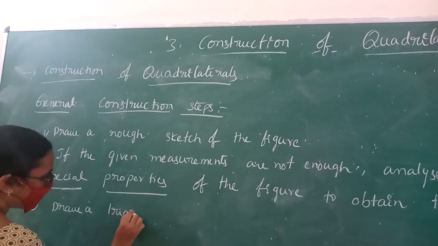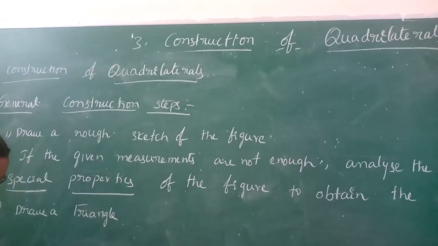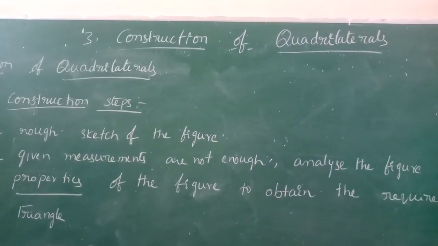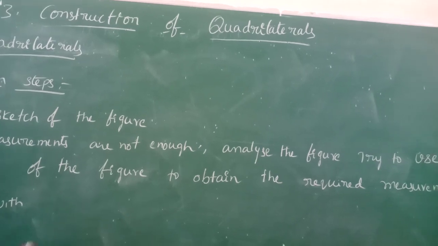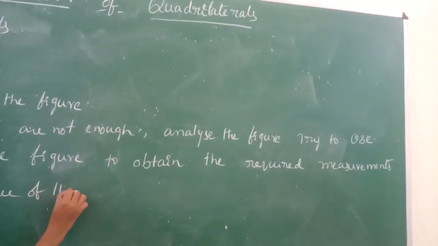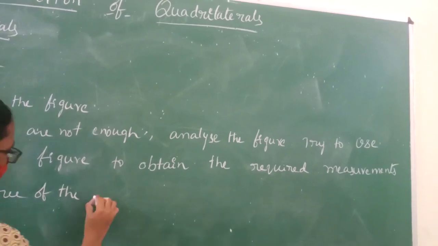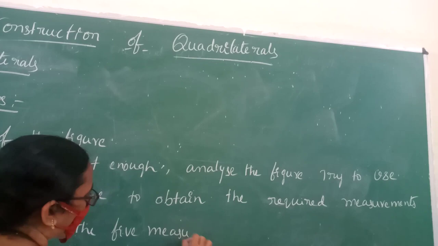You know how to construct a triangle in the 7th class. Triangle with 3 of the 5 measurements.